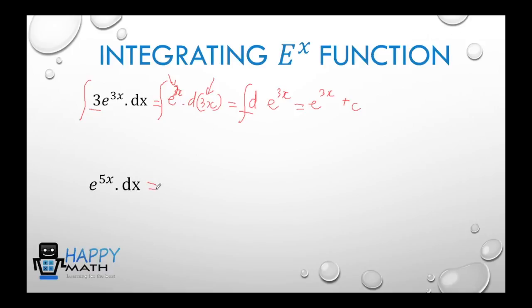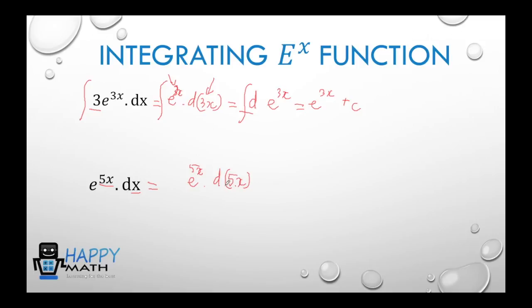Okay, now the power number is 5x, and the dx here is only x, so I need 5. When I change from dx to d of 5x, it means I have to multiply by 5 in this position.